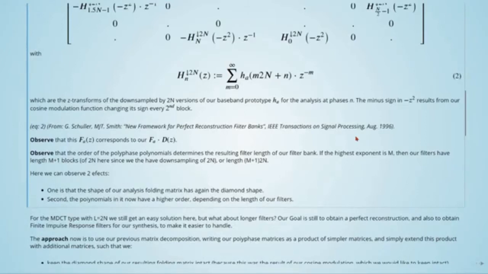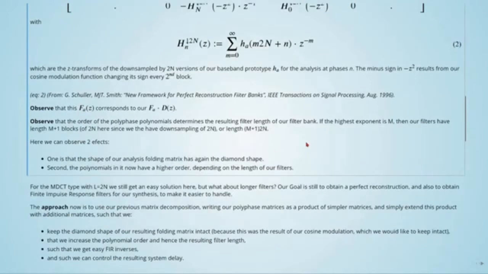And observe that the order of the polyphase polynomials determines the resulting filter length of our filter bank. If the highest exponent is m, then our filters have length m plus 1 blocks of 2 times N here, since we have a downsampling of 2 times capital N, or the length of m minus 1 times 2 times capital N.